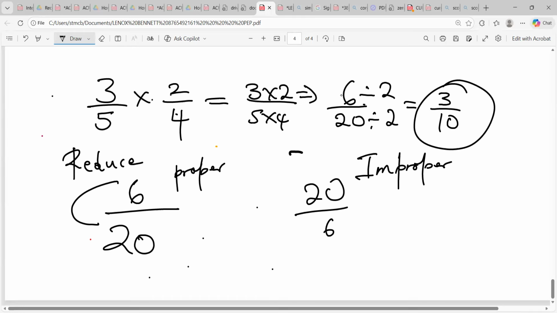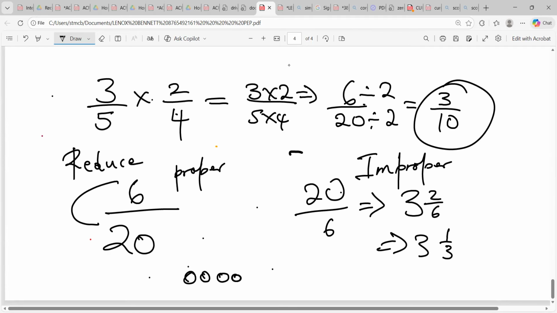In this case, you can divide, because you can say 6 into 20. How many groups of 6 can you get out of 20? 3 and a remainder of 2, right? So this will give you 3 and 1/3. However, this one we cannot say 20 into 6, because if you have 6 things, let me see, 2, 4, 6, can we get 20 out of 6 things?